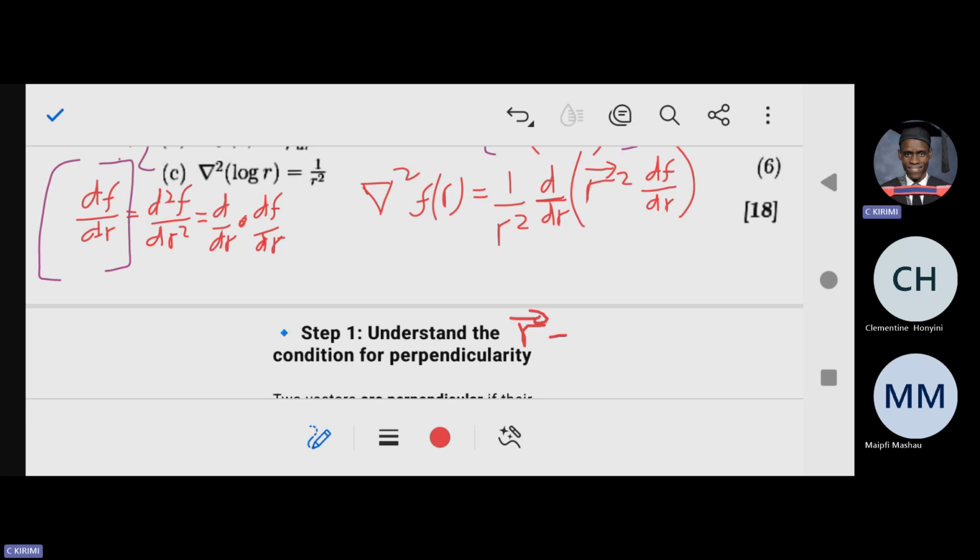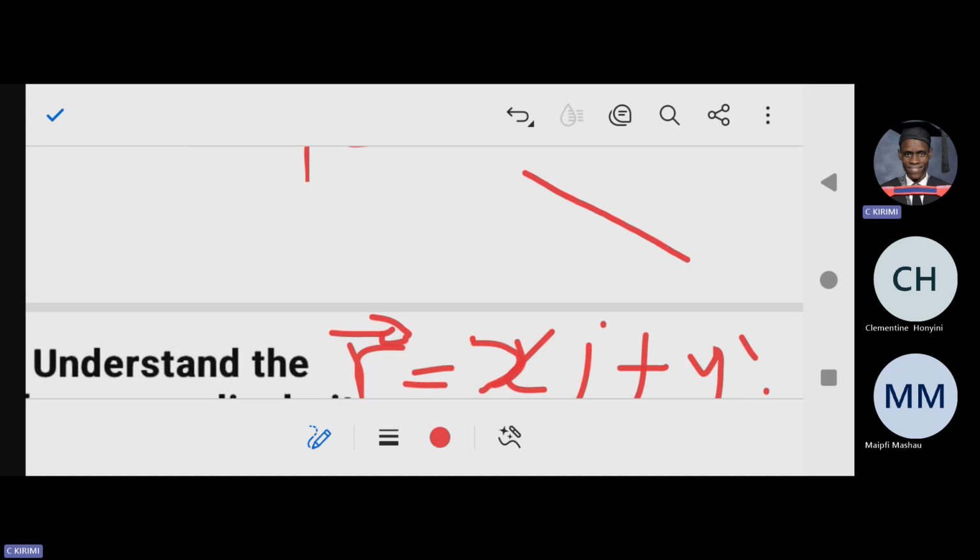R as a vector is x. How many units in the x? x units in the i direction, which means it has moved x units in the i direction, plus y units in the j direction. Let me zoom in a bit so that you see that sign.